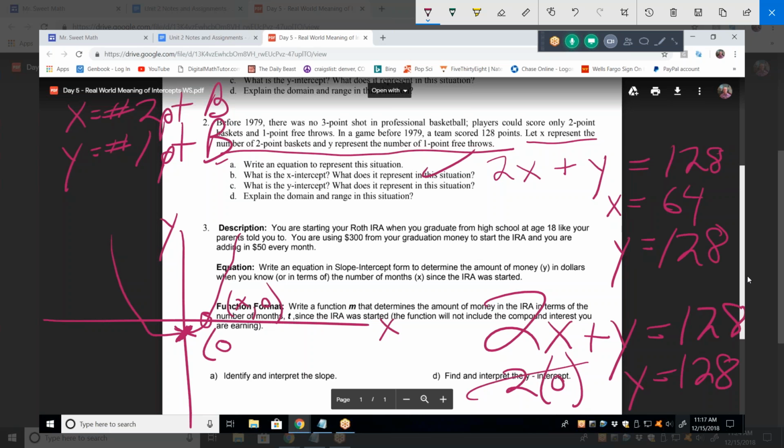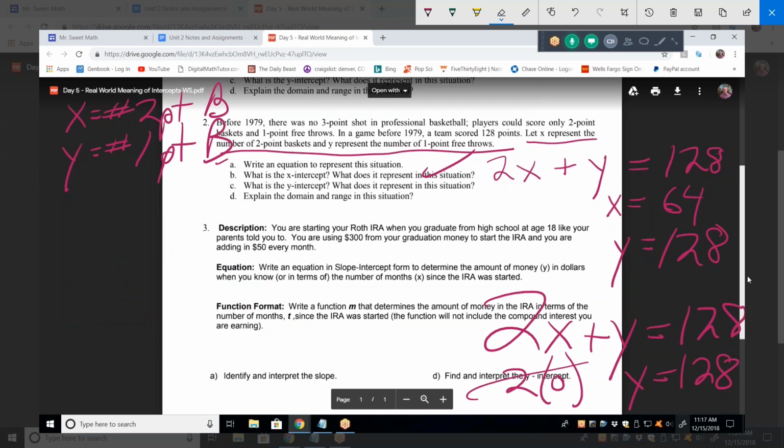So what they're trying to tell you here is those intercepts, and this graph that I drew, let's redraw it because it's good to understand the graphic display on this thing. So we got a y-intercept of 128. We got an x-intercept of 64. Well, this happens to be a linear relationship. So there's the graph.